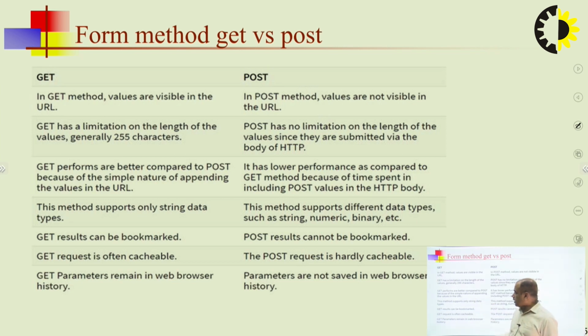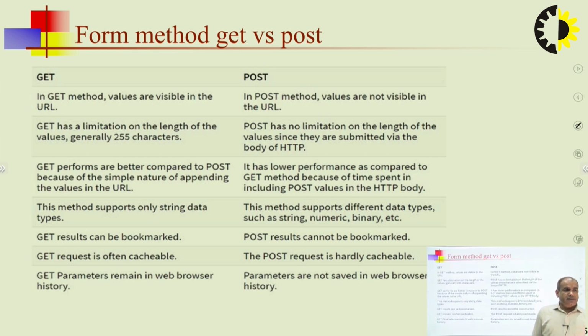Get performs better compared to post because of the simple nature of appending the value in the URL. In case of post, it has lower performance as compared to the get method, because of the time spent in including the post value in the HTTP body.